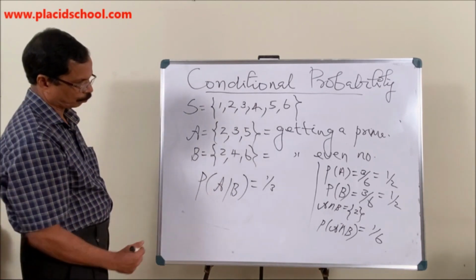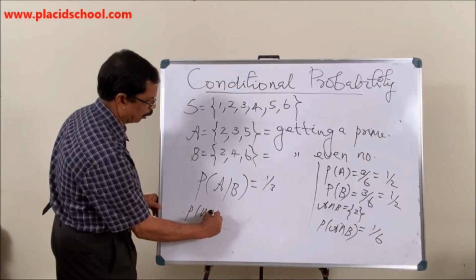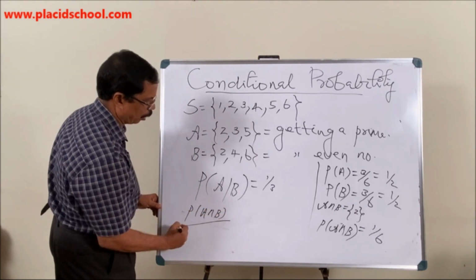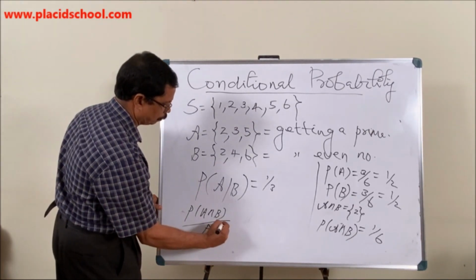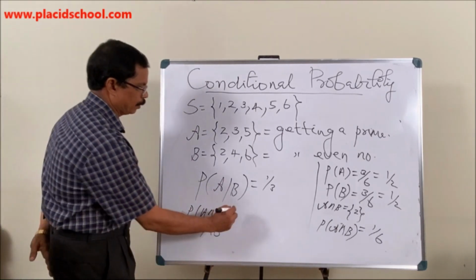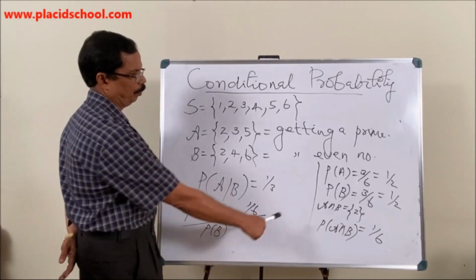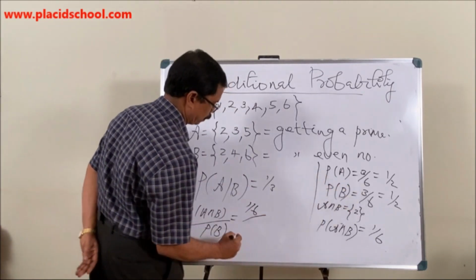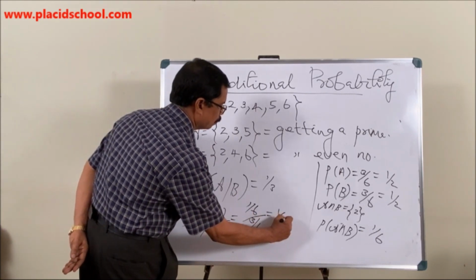Now let us calculate P of A intersection B divided by P of B. It is 1 by 6 divided by, what is P of B? P of B is 3 by 6. You take 3 by 6 and you get the answer as 1 by 3.